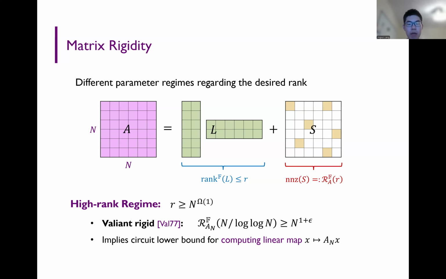In particular, if one can prove a matrix A is Valiant rigid, then using depth reduction, one can show that the corresponding linear transformation cannot be computed by any depth O(log n) linear circuit with size O(n), which matches many classical upper bounds like those using the fast Fourier transformation.